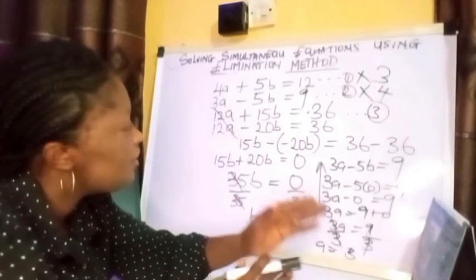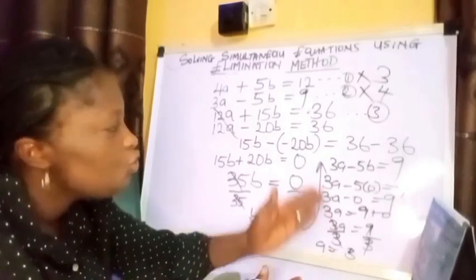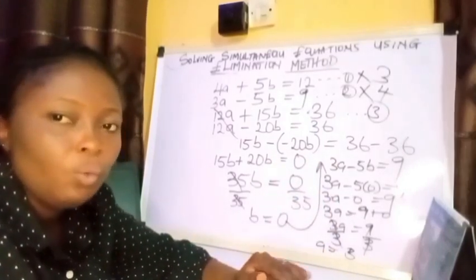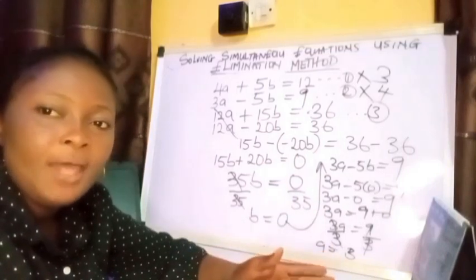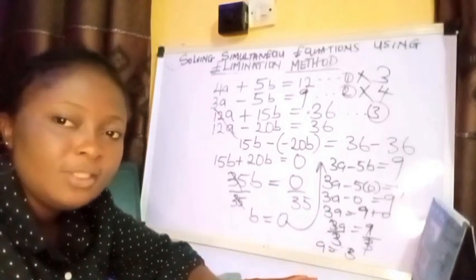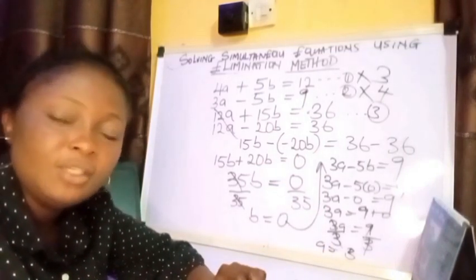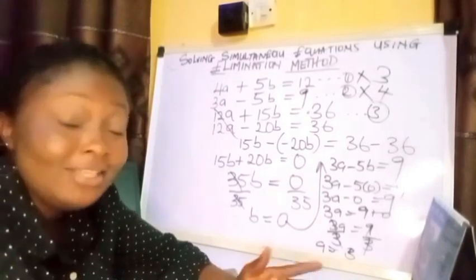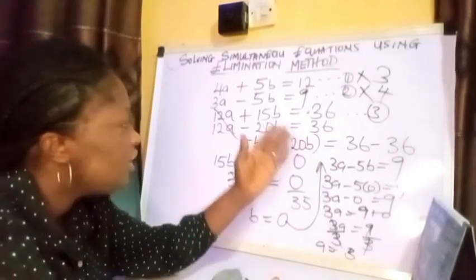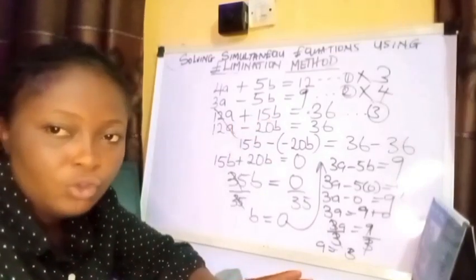If their signs are the same, you will subtract the equations. What do I mean by their signs being the same? Let's say you eliminated A, and in equation 1, A is positive, and A is positive in equation 2, or A is negative in equation 1, and A is negative in equation 2. Then you have to subtract the equations.